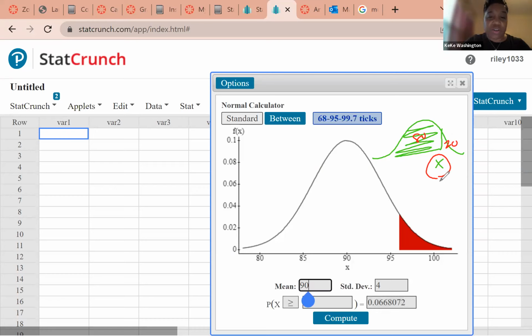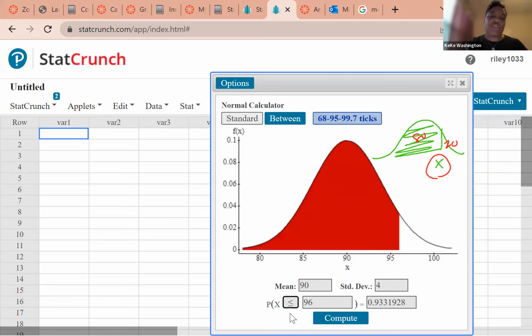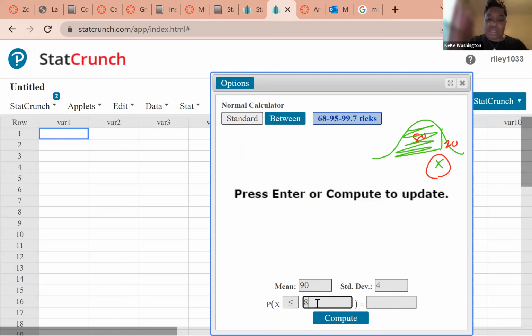So you plug in your information, the mean, the standard deviation, and let's go less than, and you can work this either way. You can say, okay, my shaded region is 80. I'm so sorry, I'm working the wrong problem. If we want the shaded region of the 80, you see that that 80 is to the left of X, so that's less than.